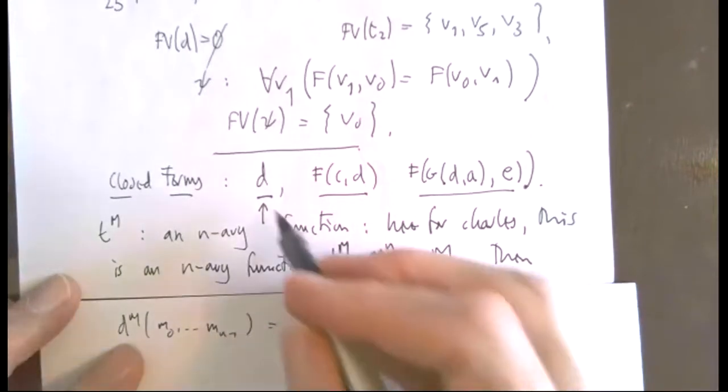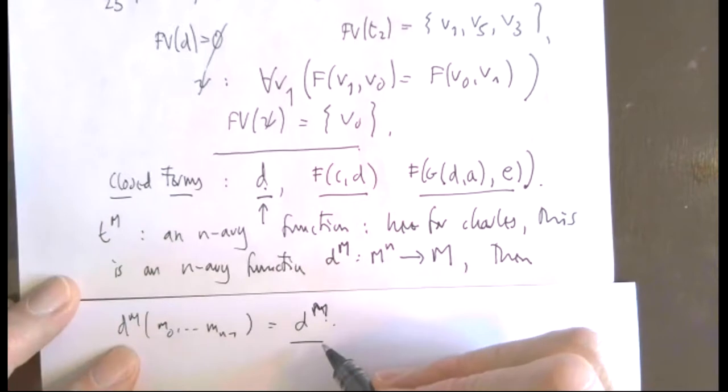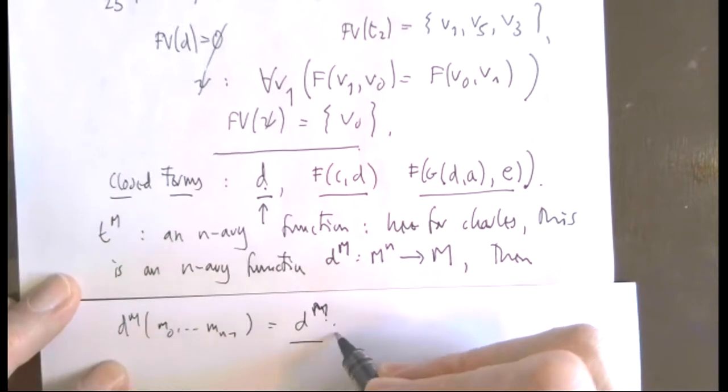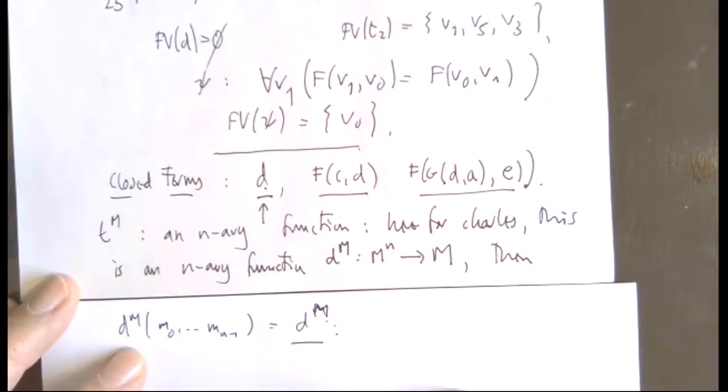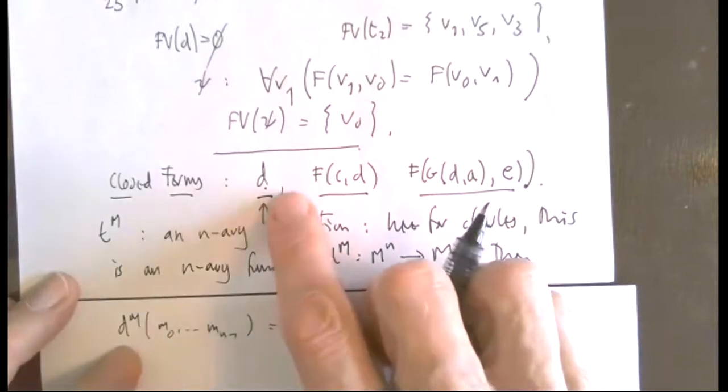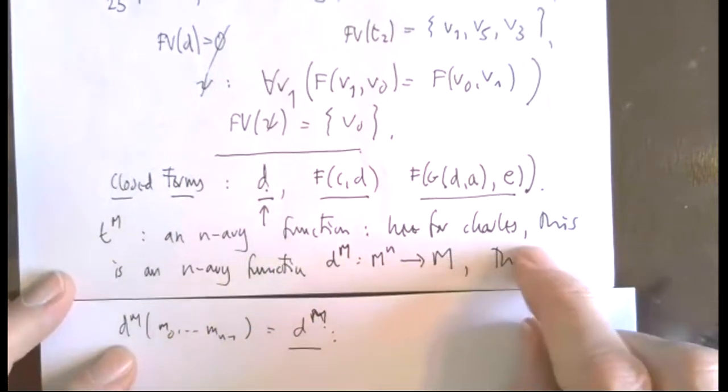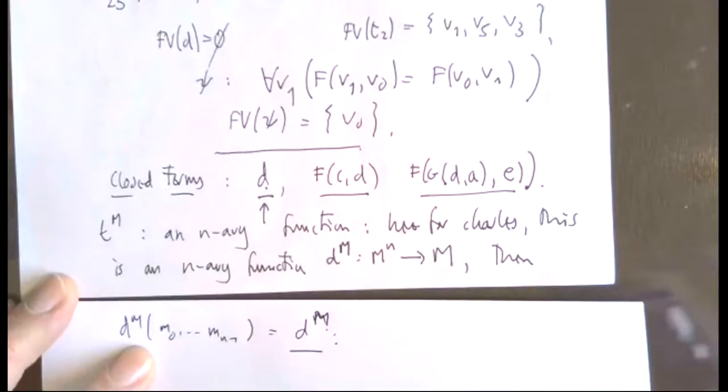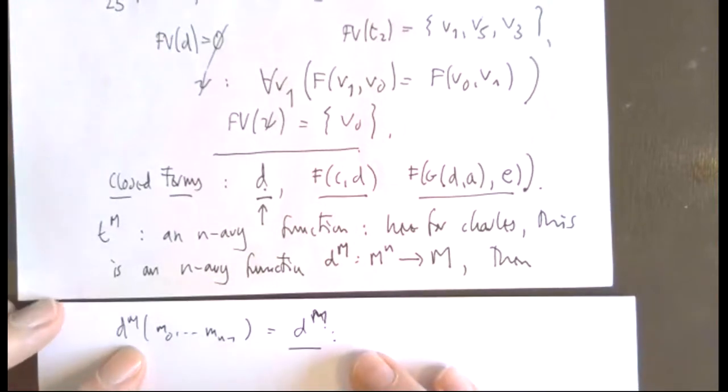I mean, it's going to be the interpretation of whatever this constant is here. So that's kind of the base case of the exercise here.